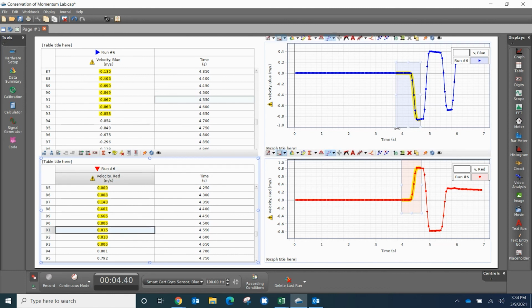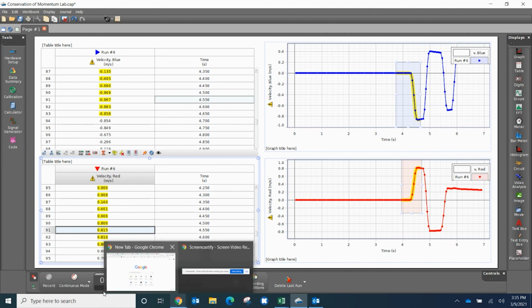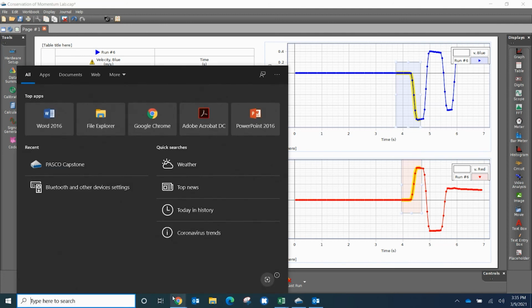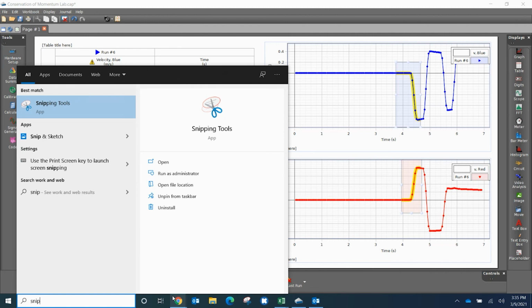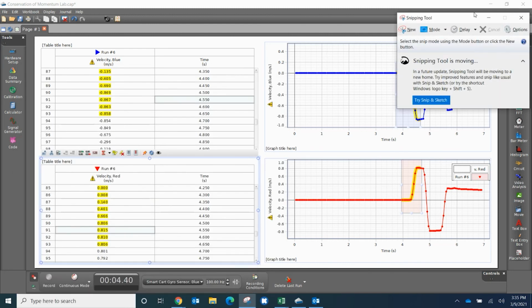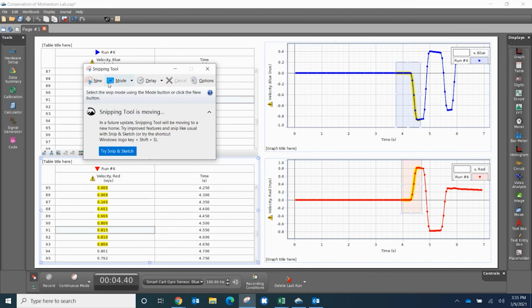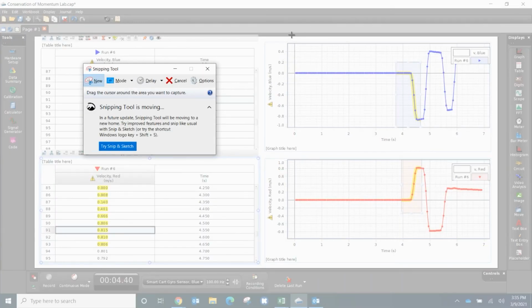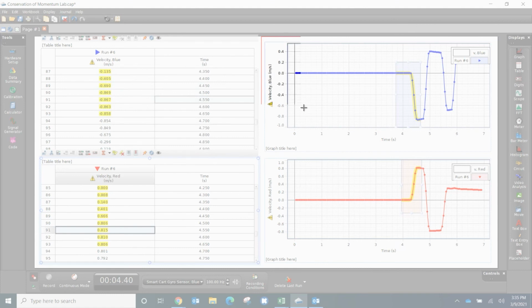And then what I'd want to capture here in terms of something I'd want to show in my lab report, I'd want to use snip. I already have it down here, but if you type into the lookup tool snipping, okay, you can see the snipping tools will come up, and I will then select new, and I'm going to grab these two graphs for each of my scenarios.